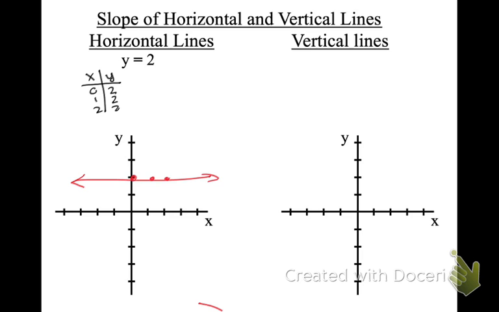Okay, my rise, to get from one point to the next, my rise is, I'm rising 0, and my run is 1. Let's say I go from here to here, is 1. So this simplifies to 0. So my slope for horizontal lines is always 0. Okay?